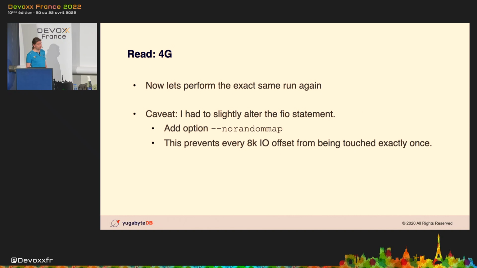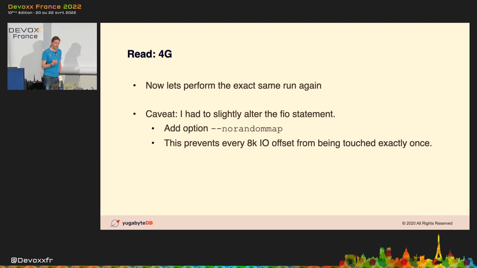But now how about reading 4 gig? Here once again for FIO, I first did a test, and the test essentially did all physical I/Os at the same time as the first one.